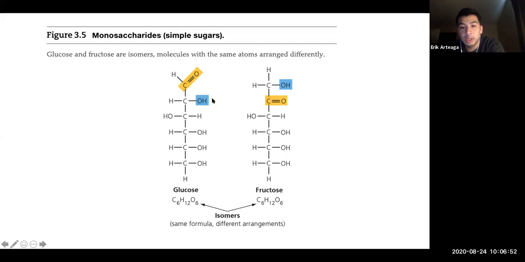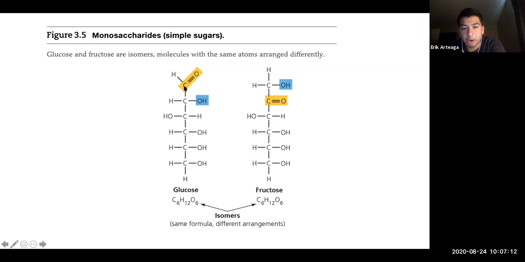So you can see here that the hydroxyl and this oxygen group is moved. It's flipped. In glucose, you have the hydroxyl group shifted down, and you have the carbonyl group up at the top.